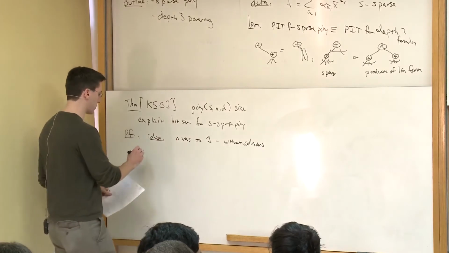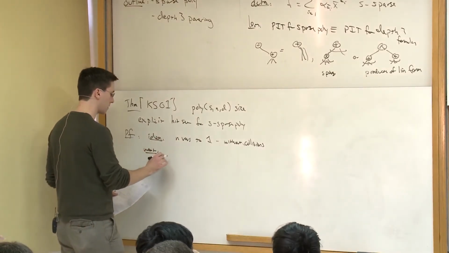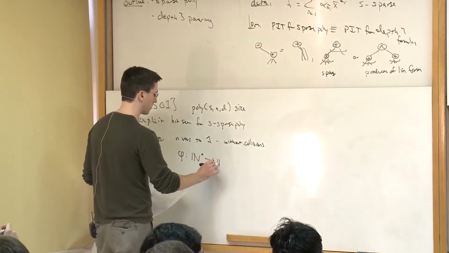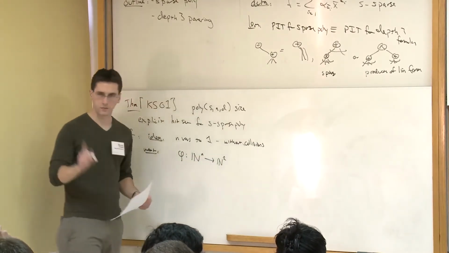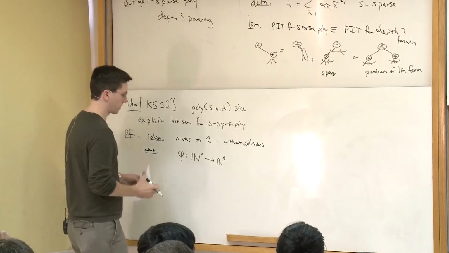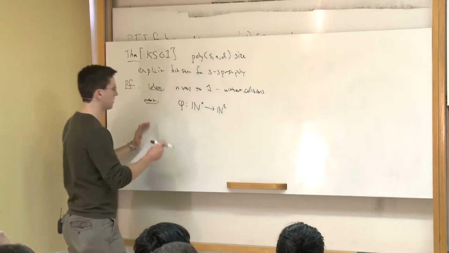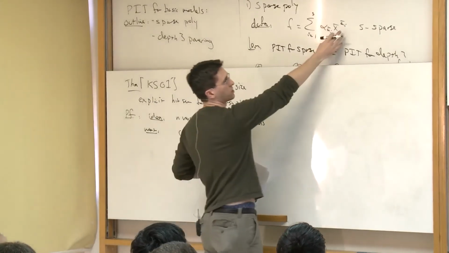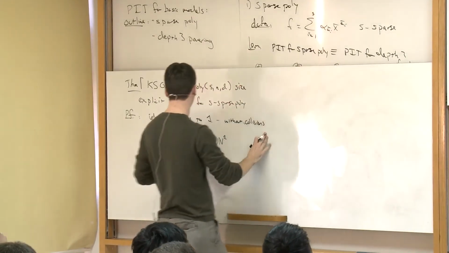So what do I really want here? I want a map phi. It's going to take a tuple of natural numbers, and it's going to give me 1 number. And I want it such that my sparse polynomial, right, is going to have a bunch of exponent vectors, a1 to as.